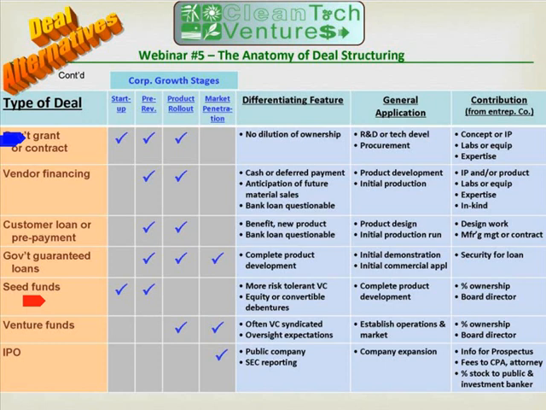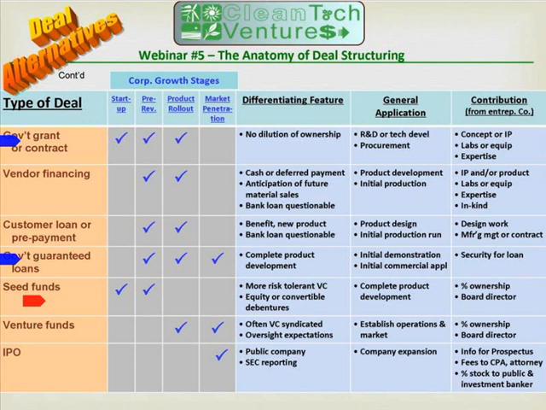The other one that I'd highlight on here that has played a tremendous role, but the future of it is a little bit uncertain, is the government guaranteed loan. The government guaranteed loan affords the ability for the company to go out and get a loan, typically from a third-party lender, and it is in most cases the third-party lender that applies for the government guarantee, and the government provides a credit enhancement on the loan.